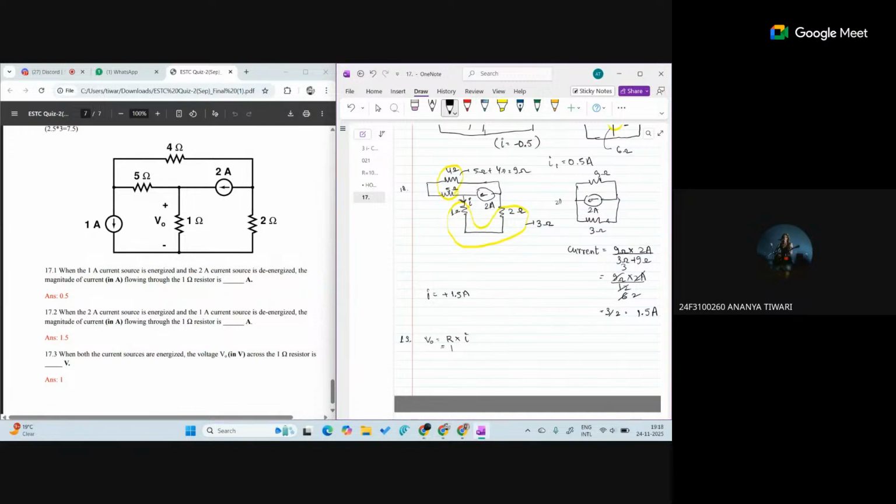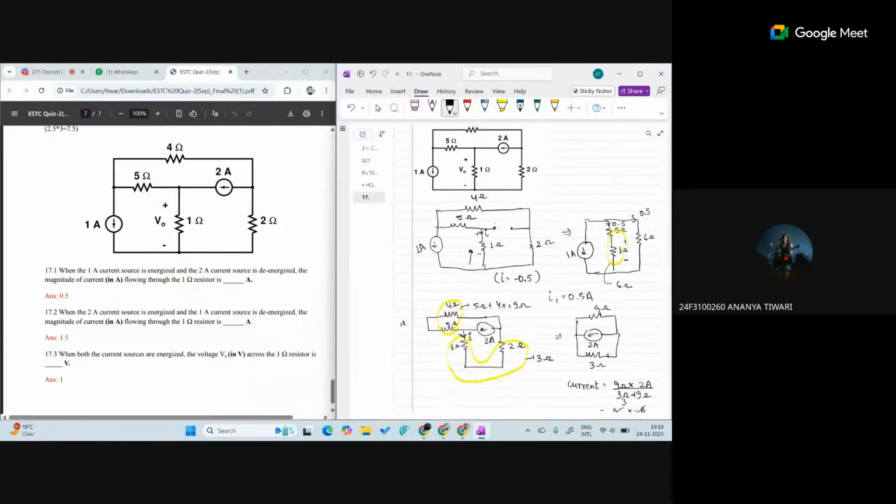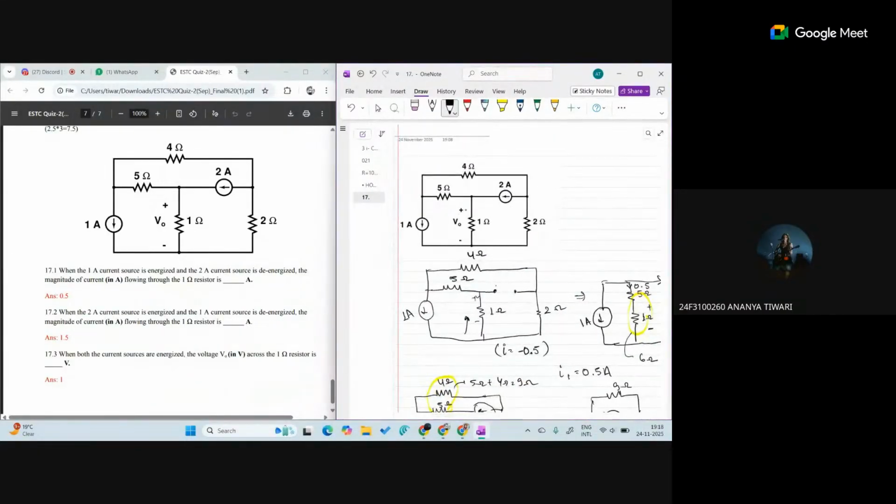We have R, which is 1 ohm, into I, which we found as 1.5 minus 0.5. Wait, I should write this in a correct form. So let's take this I. This I convention, we are only taking it for this last question.